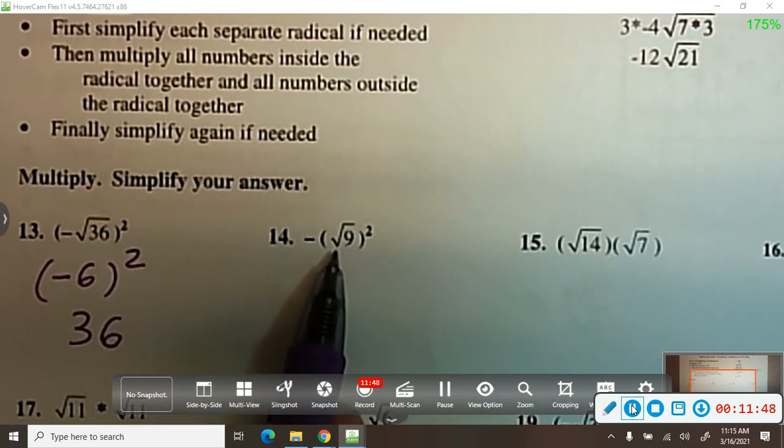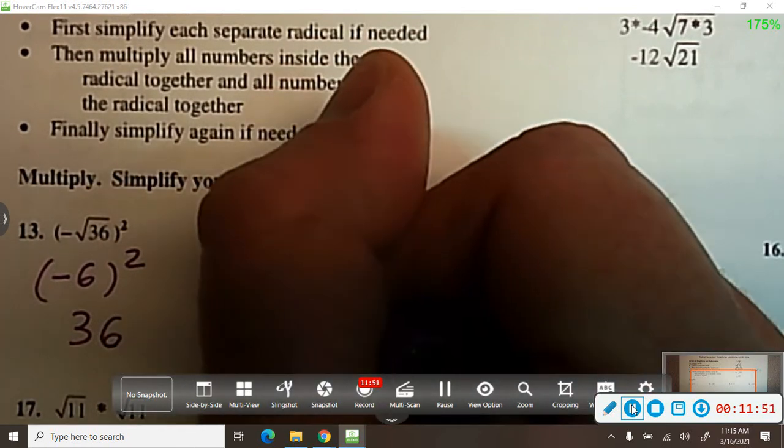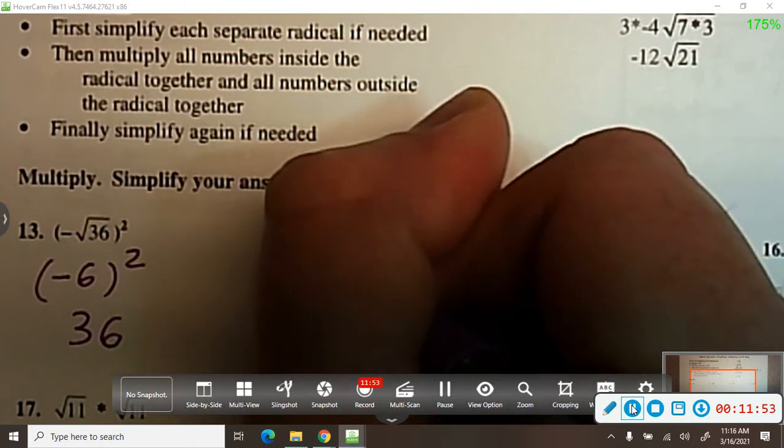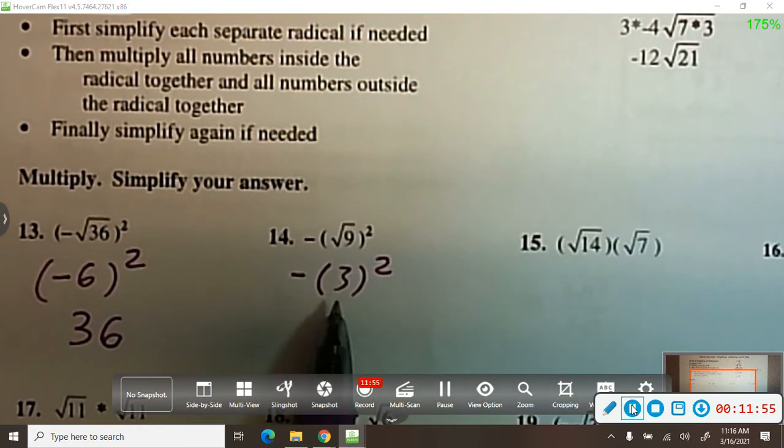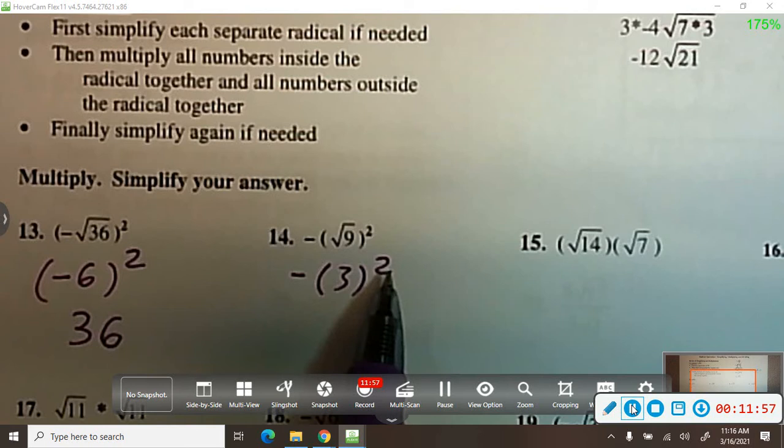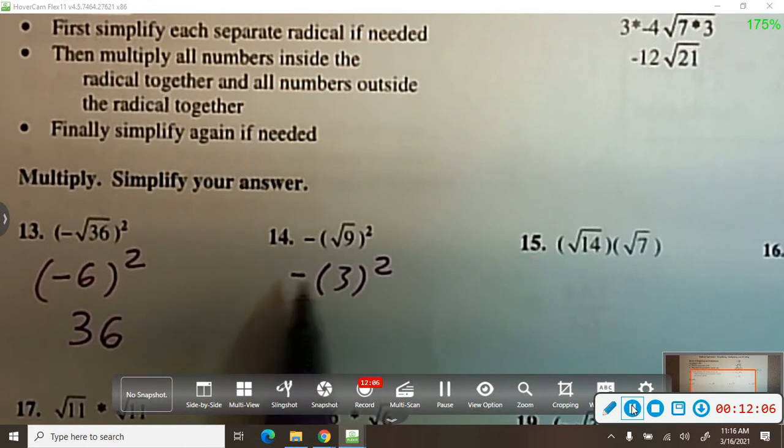Square root of 9, that's 3. Then you square your 3. Order of operations says, please excuse my dear Aunt Sally, you're supposed to do exponents before you multiply. So that'd be 3 squared, 9, make it -9.